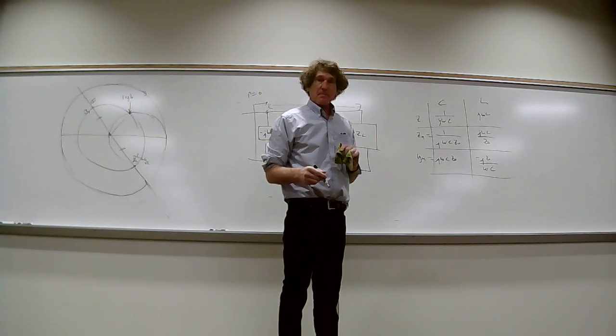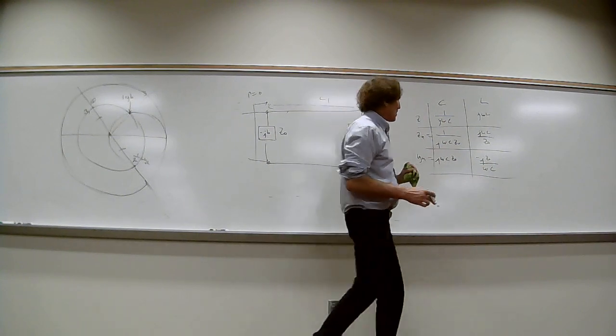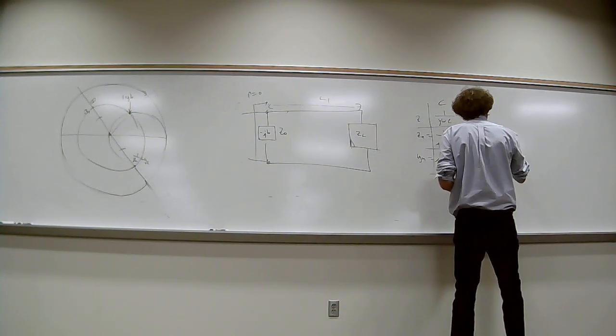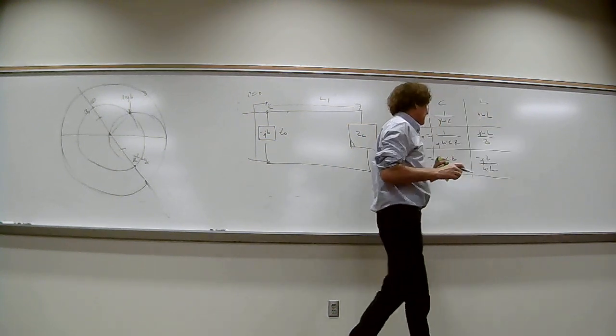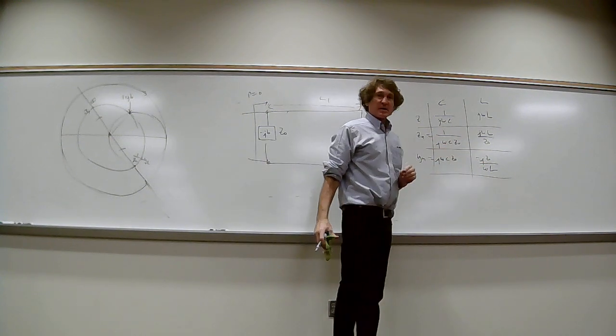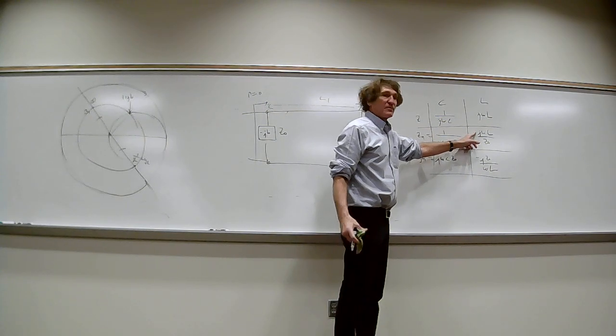On the bottom right, should that be an L? Oh, yes. My bad. I'm sorry. Should it also be positive? Well, if you go 1 over this, it becomes minus J. Typically, if you take 1 over J, you get minus J. Correct, class? Everybody with me?